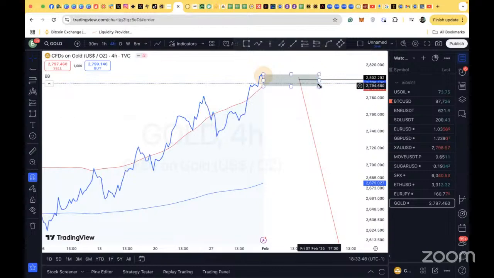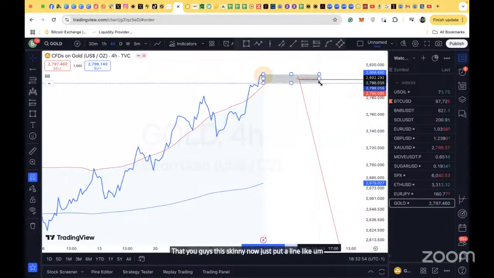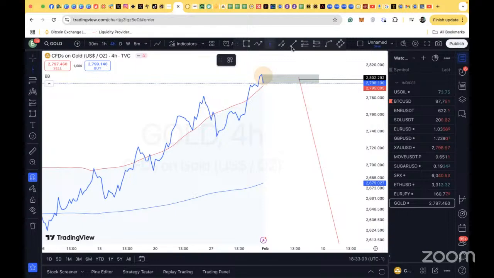You see that line, just put a line like you are drawing a parallel line down. Like this? Yes. Just slant it more.